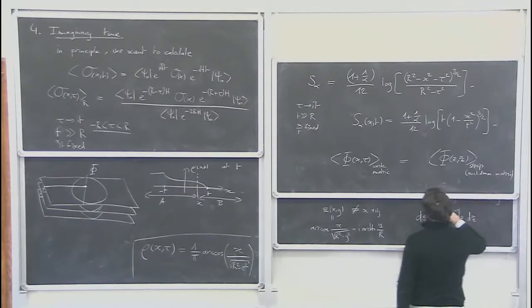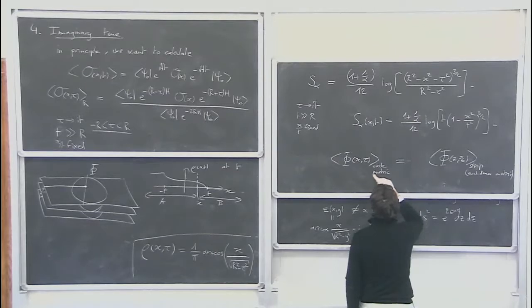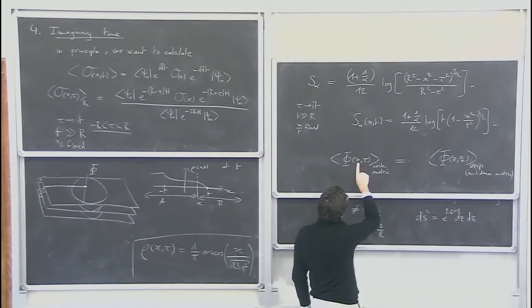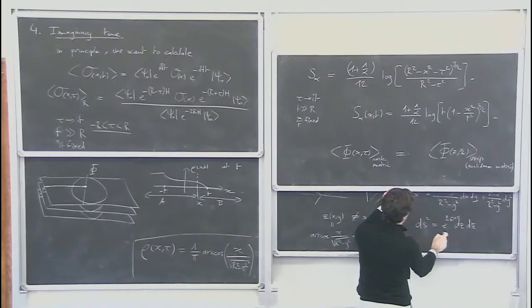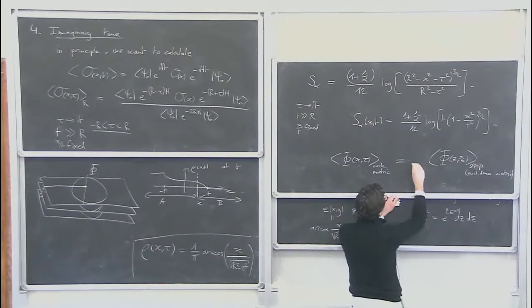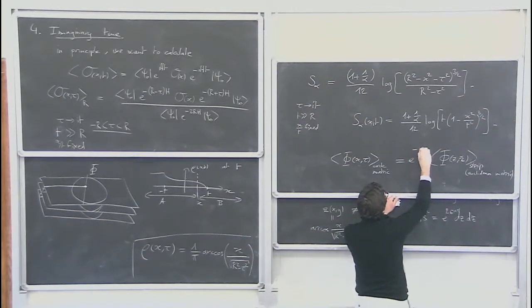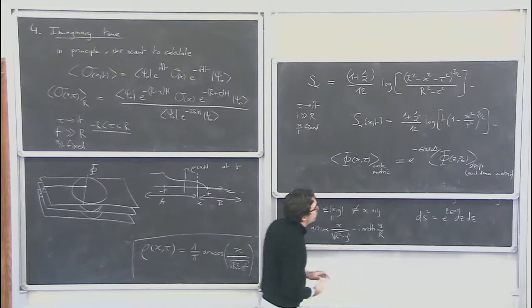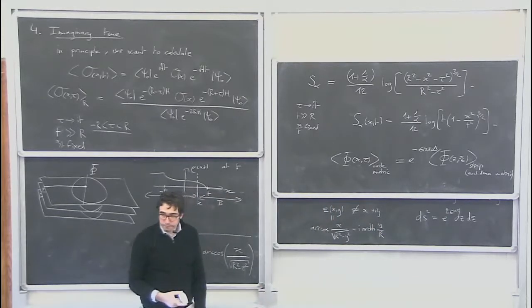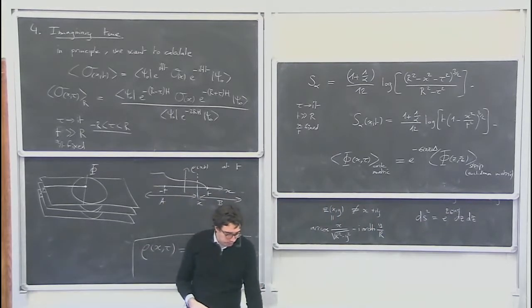And then there's just a Jacobian. You pick up the Jacobian of this change of coordinates, which happens to be this conformal factor. So you get e to the minus sigma times the one-point function to the power delta, where delta is the scaling dimension of phi. Again, it's just the transformation law of primary operators.